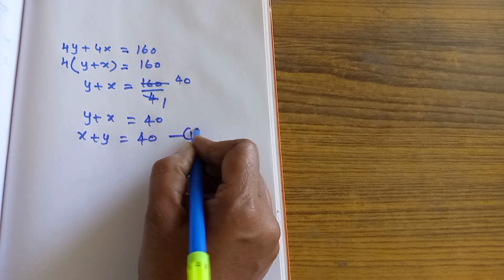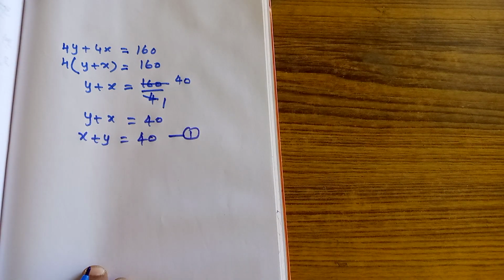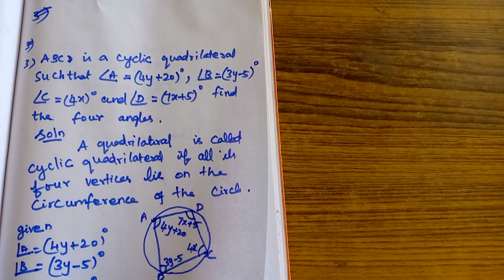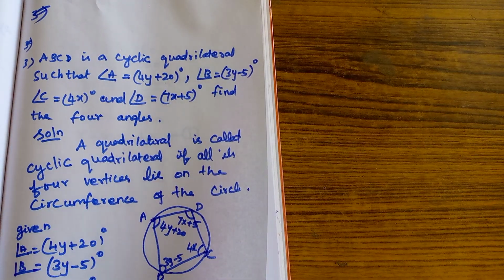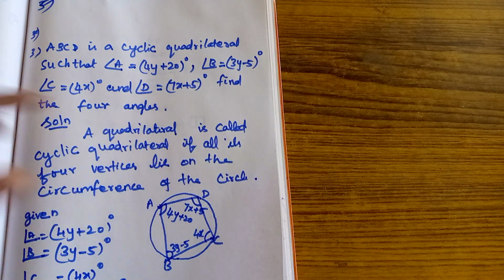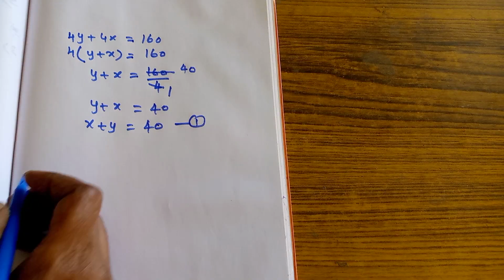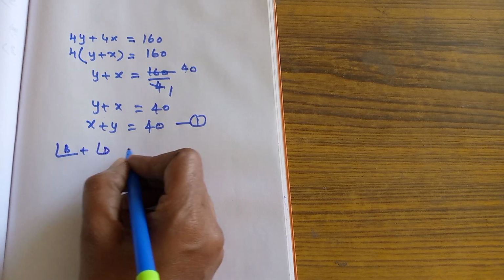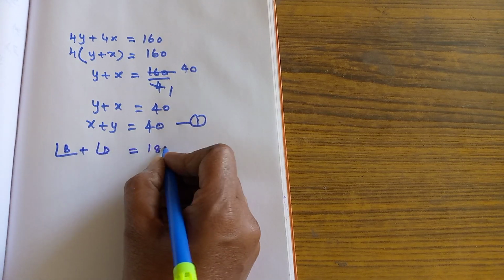Equation number 1. And one more condition is there. First we have taken the opposite angles A and C. Then let us take B and D. Angle B plus angle D is equal to 180 degrees.